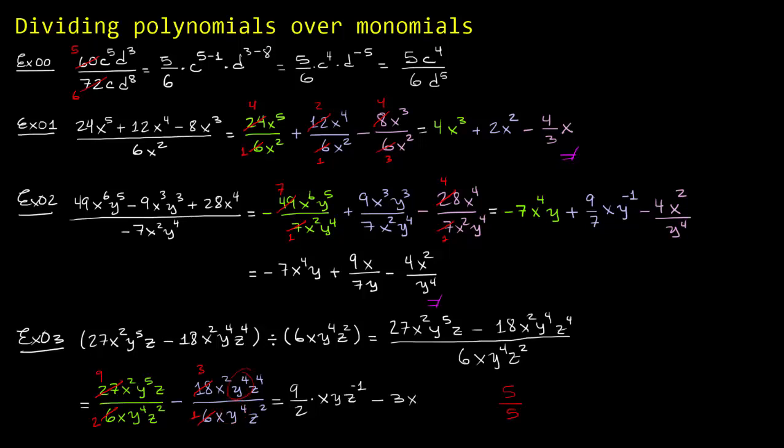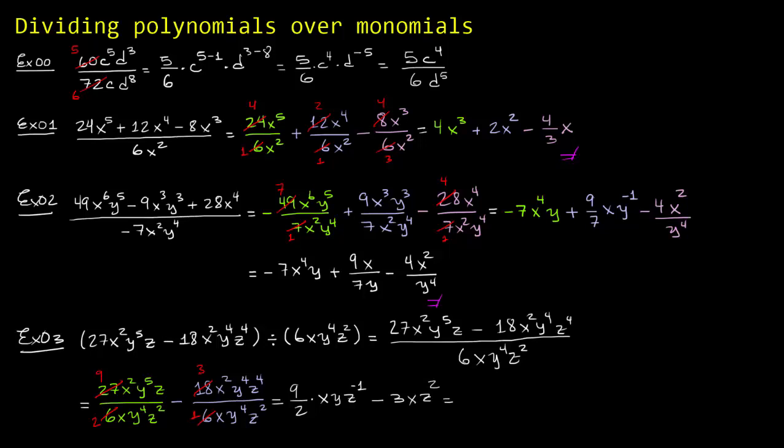Y to the 4th over y to the 4th is equal to 1. So I'm not going to write the y anymore, because it would be like saying y to the 4th minus 4, that would be y to the 0, which is again equal to 1. So the remaining part will be times c raised to the 4th minus 2, and that will make, of course, a c squared. And after that, we are pretty much done.